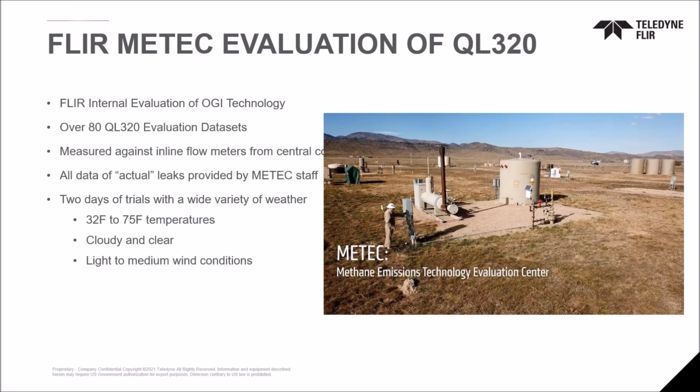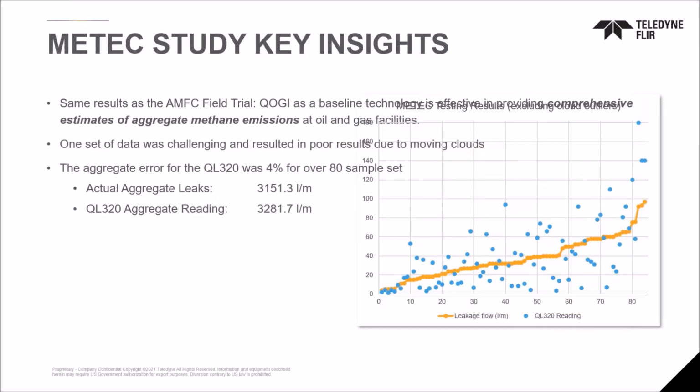We also did a personal study at the METEC Methane Emissions Testing Evaluation Center, where we did over 80 QL320 evaluation data sets. Many of the videos I showed you today were from this. Over these 80 data sets, we had the exact same result as in the AMFC Canadian study.